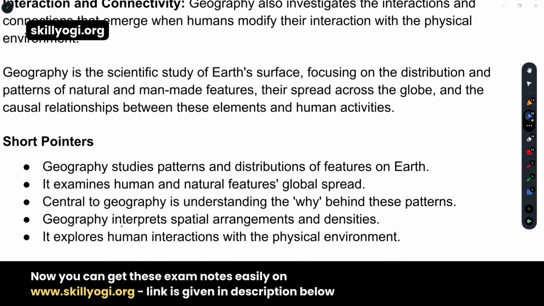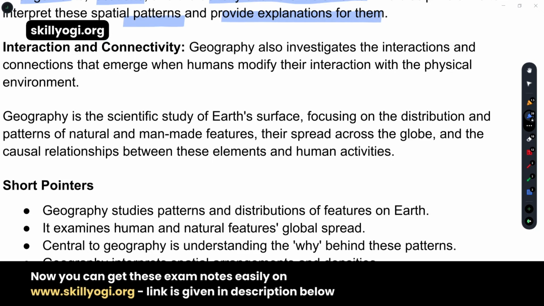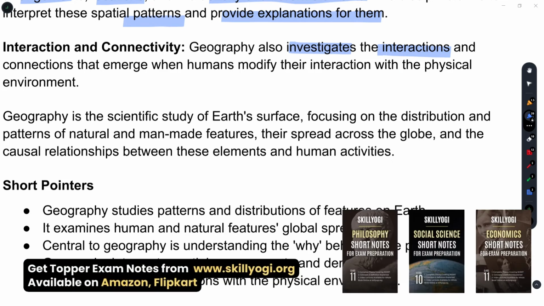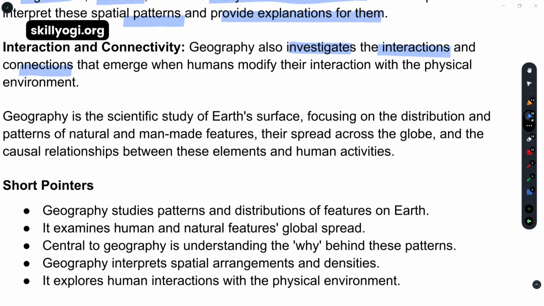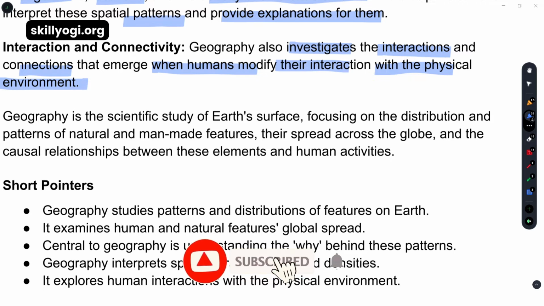Interaction and connectivity, what is written over there? Geography also investigates the interactions, which just now we have learned, the interactive study and interrelated also. So it investigates the interactions and the connections that emerge when humans modify their interaction with the physical environment. From the starting of this chapter, I have already mentioned to everyone that there were two approaches before the common era.